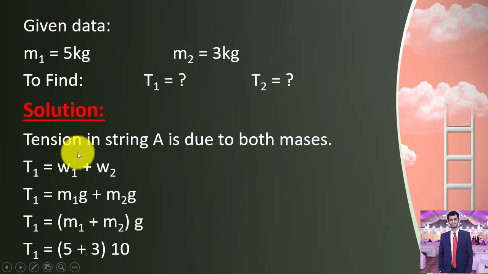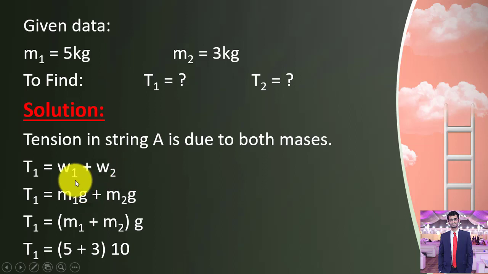Solution: tension in the string A is due to both masses, as I have told you from the diagram. So we can find the tension in the first string: T1 is equal to W1 plus W2, that is the weight of the first object plus the weight of the second object.